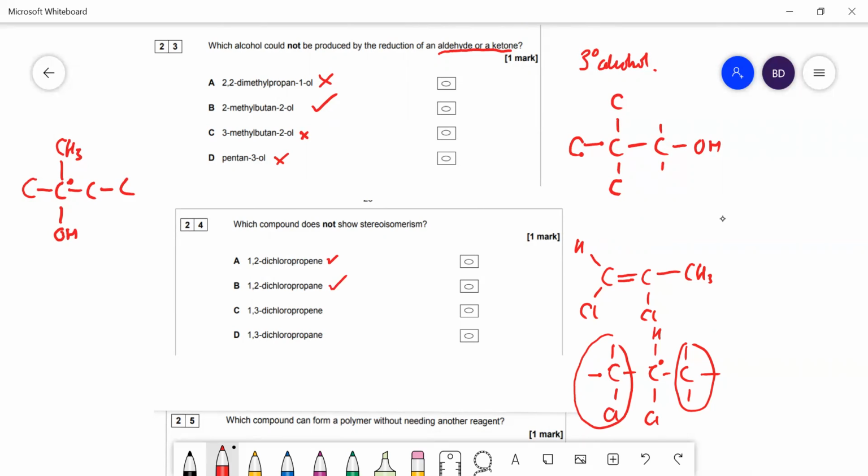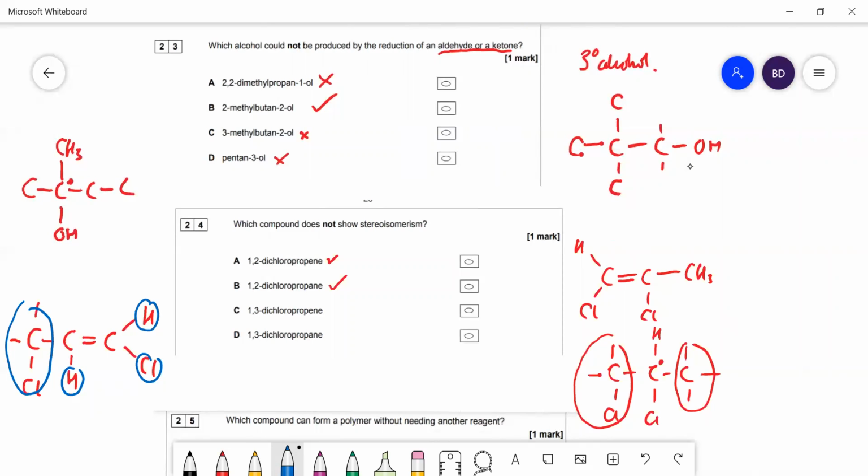1,3-dichloropropene. Let's draw that here. That one can as well, I think. Right, yeah, because we've got E/Z isomerism. You've got 2 different groups on this carbon, a hydrogen and a chlorine. And you've got 2 different groups on this carbon, a hydrogen and this CH2Cl. Right, so it's got to be this one. Let's just double check it. 1,3-dichloropropane.